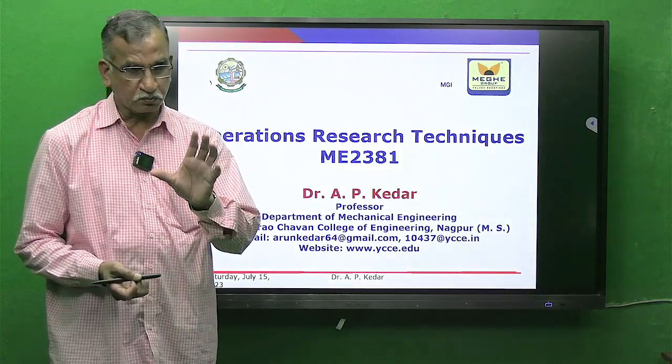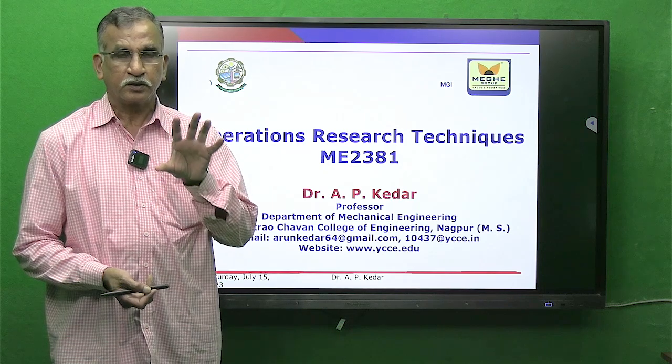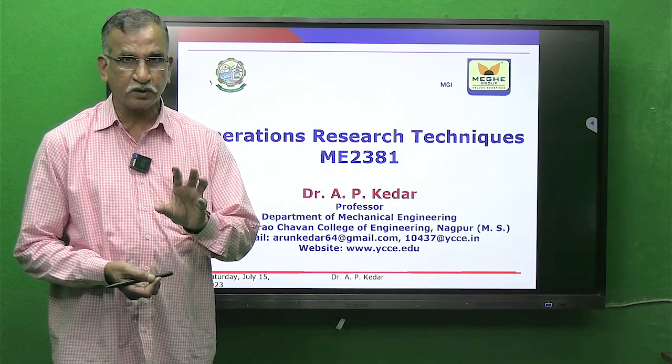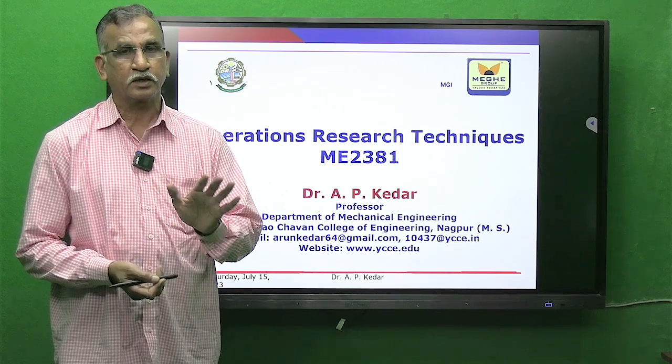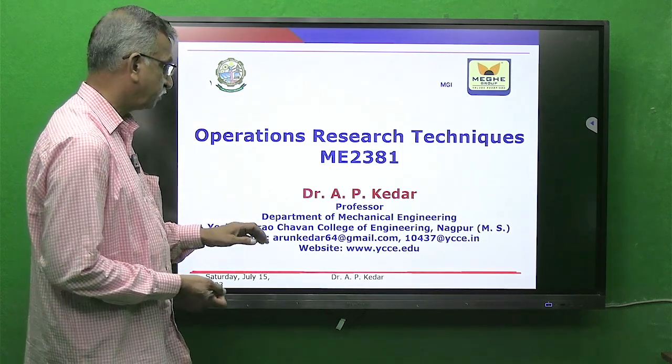So what we have to do in this case is find the balance between time and cost in such a way that the project is completed within optimum time and corresponding cost. So we'll see how the problem goes ahead.